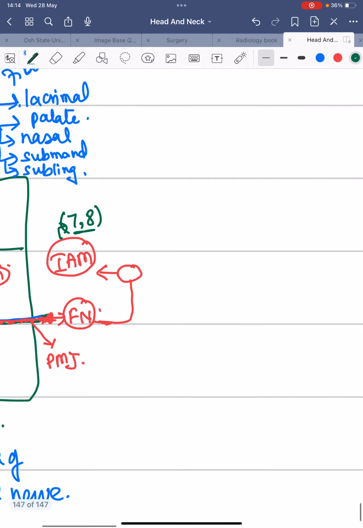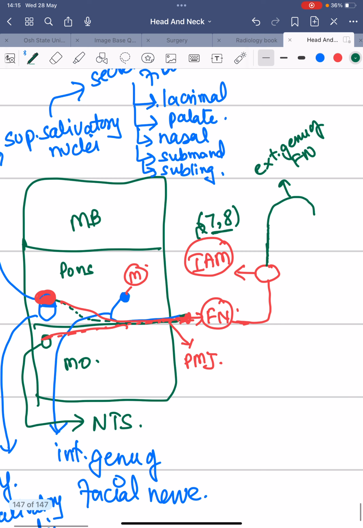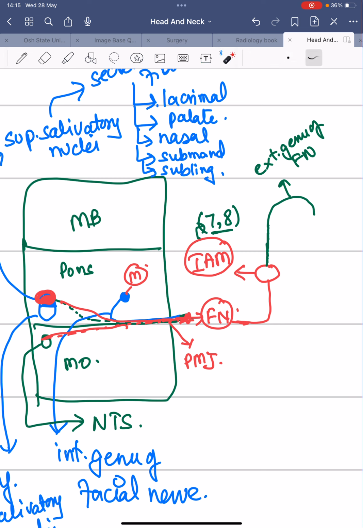Okay. So now it is entering here into the internal acoustic meatus, making a band here. This band is known as external genu of the facial nerve. See here, this band here is known as the internal genu of the facial nerve.